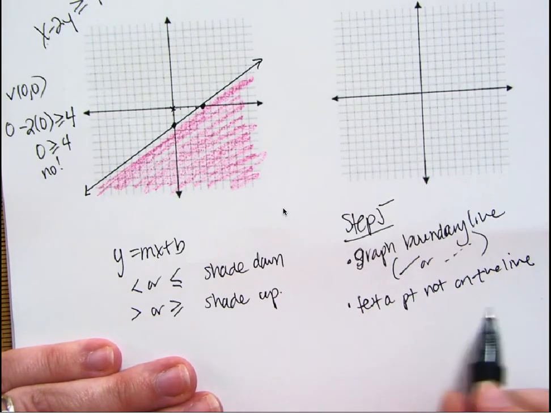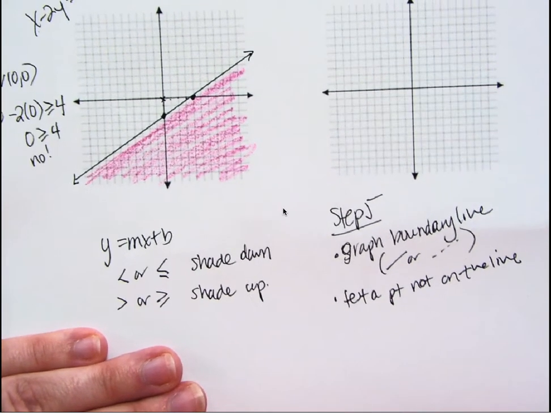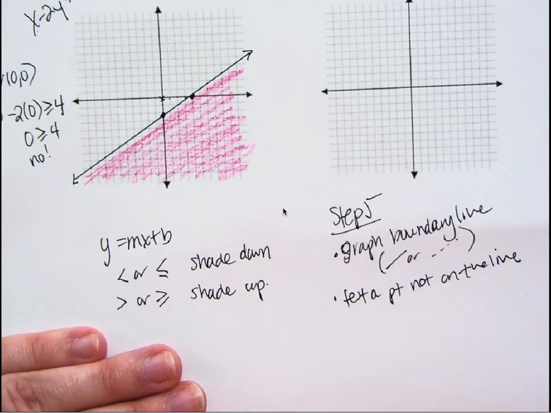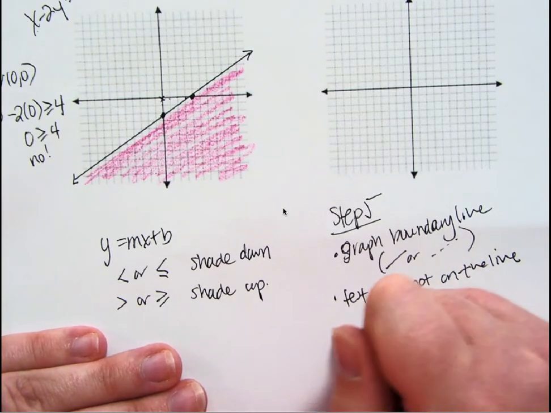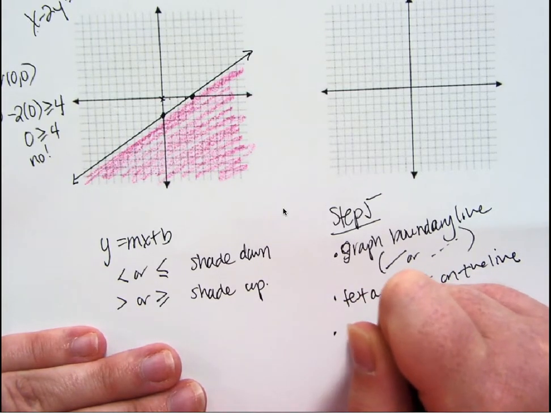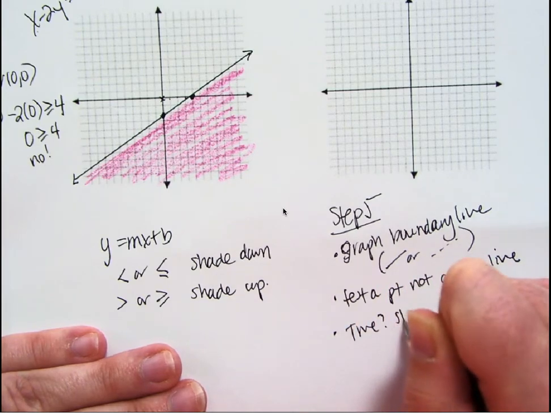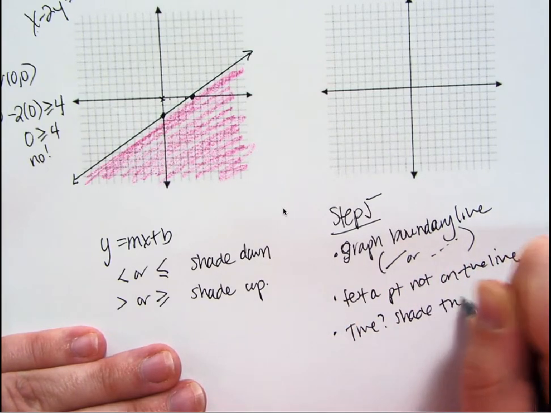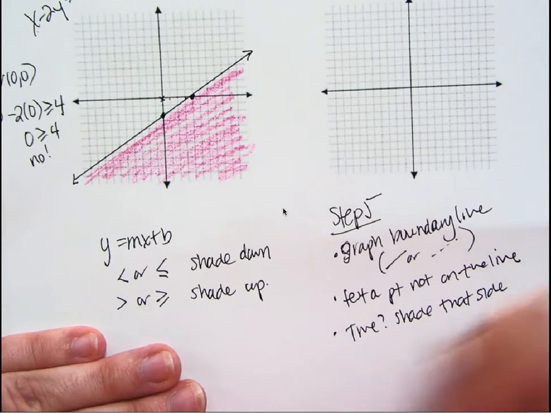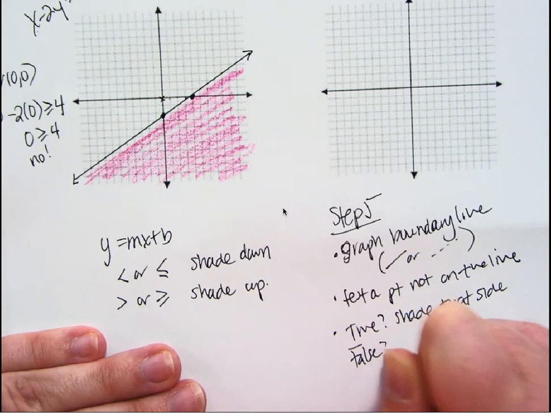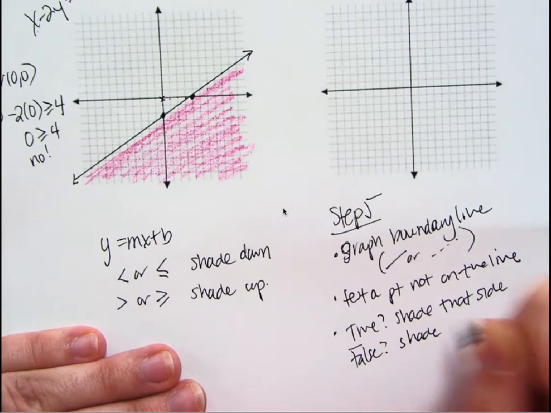Typically, I like to use 0, 0, but it doesn't have to be. All you're doing is testing to verify what side of the plane you're graphing. Okay. Lastly, if it's true, you shade that side. If it's false, you shade the other side.